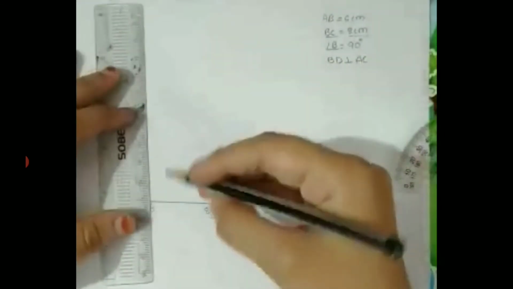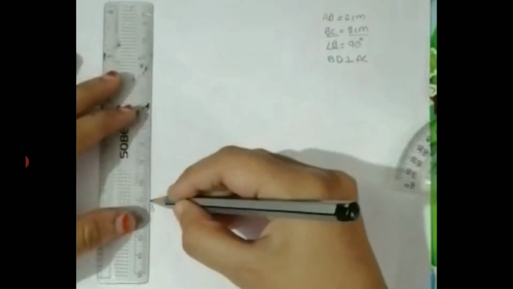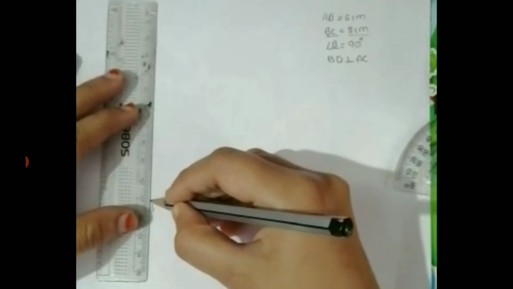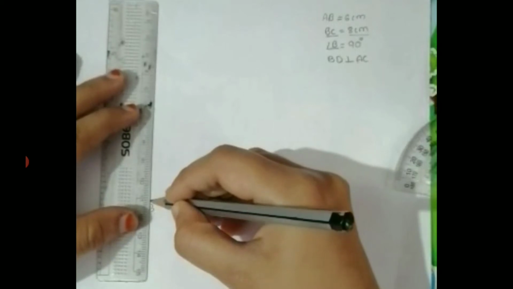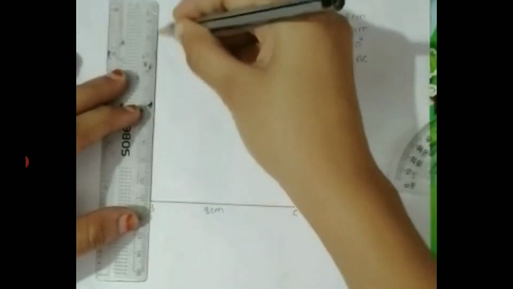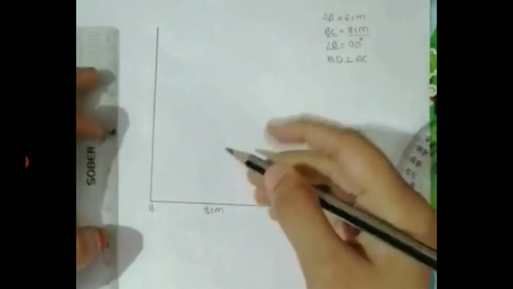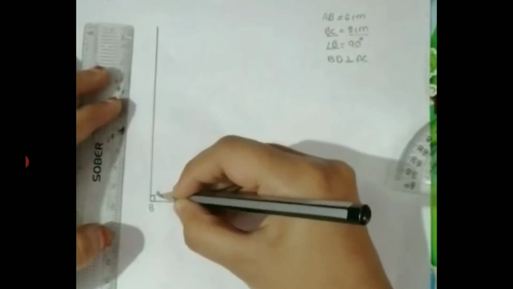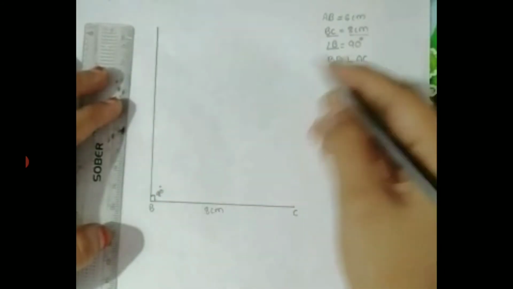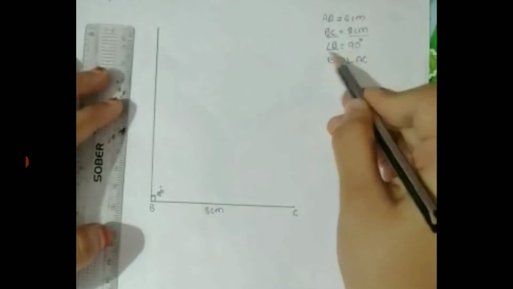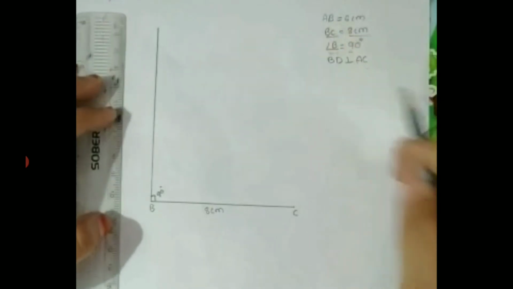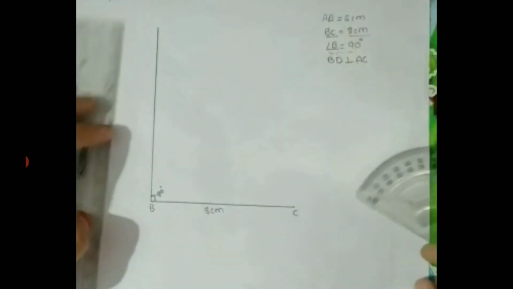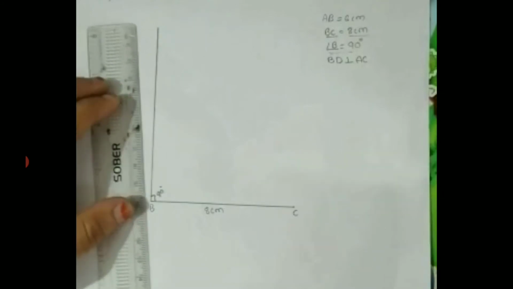And what is the length of AB? First you get the 90 degree angle. And the length of AB is 6 centimeter. You got angle B equals 90 degrees and AB is 6 centimeter.